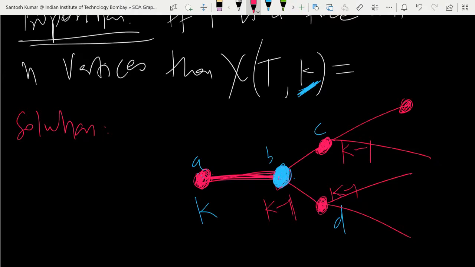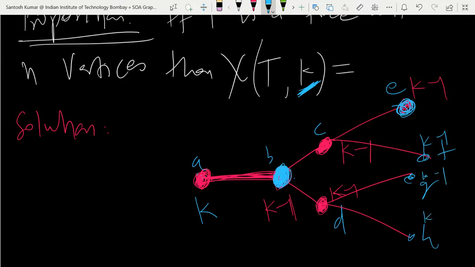Still here you again have k minus 1 choices of color, because the color at C cannot be used at this vertex. Say D, E, F, G, suppose H. Suppose I look like this. So again at this point you also have k minus 1 choices.